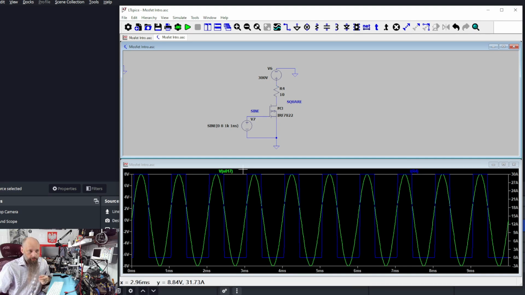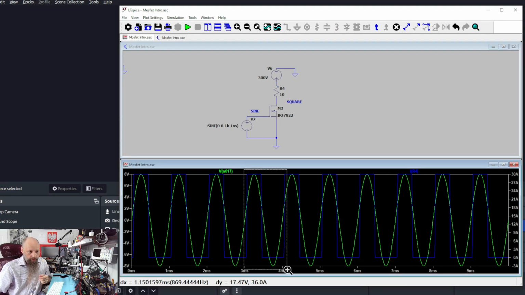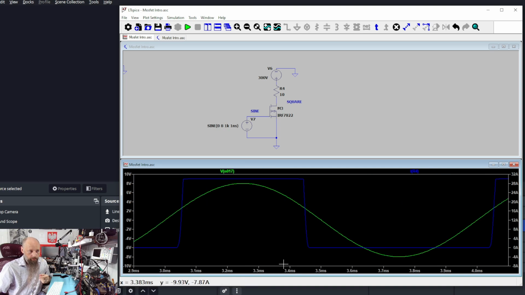We can see that if we zoom in to a single cycle, our green line represents the voltage on the gate, while blue represents the current flowing through resistor R4. And we can see that as the voltage rises to about 2.5 volts on the gate, we have sudden switch.